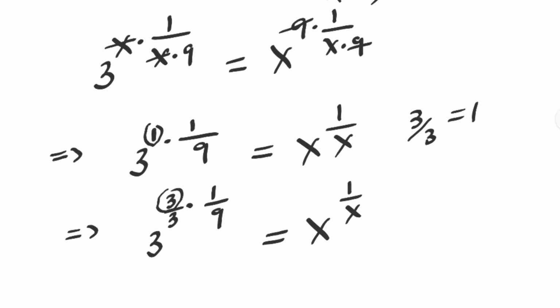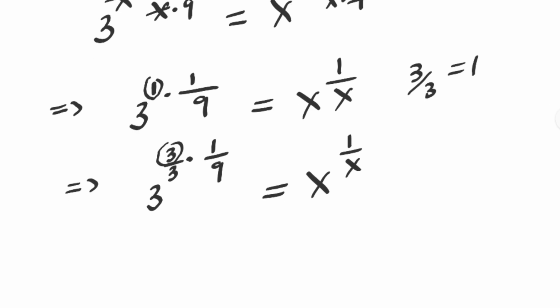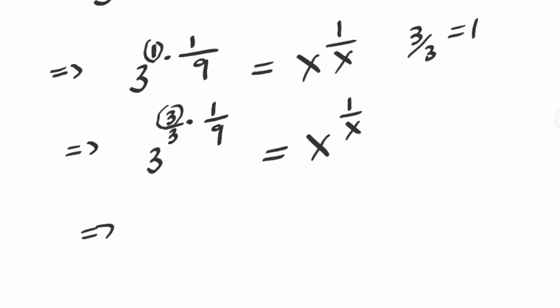Let us consider this. This can be written as 3 raised to the power of 3 multiplied by 1 over 3 multiplied by 9 is equal to x raised to the power of 1 over x.